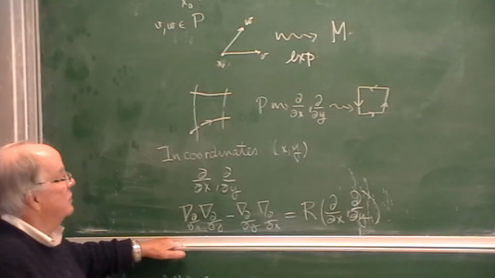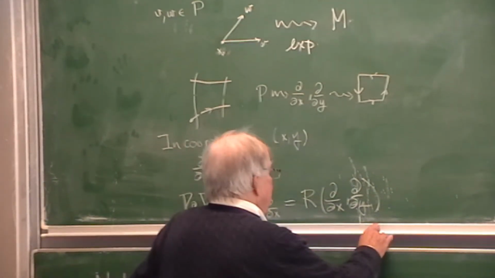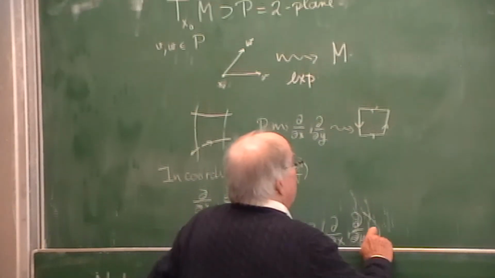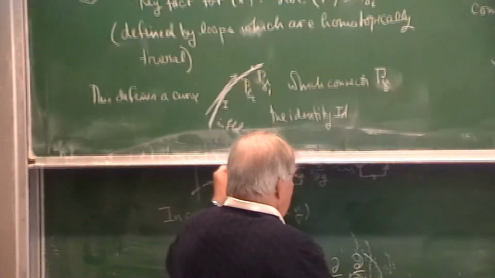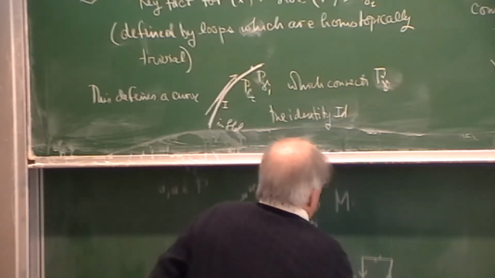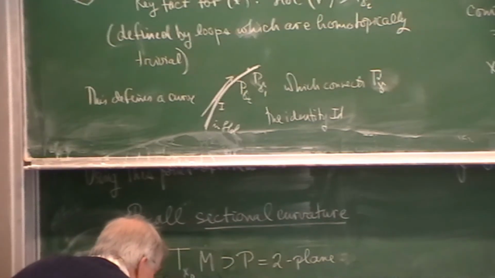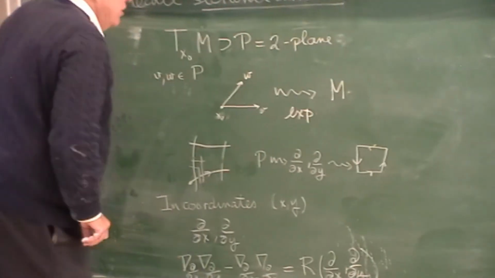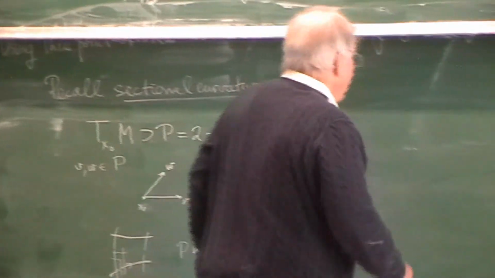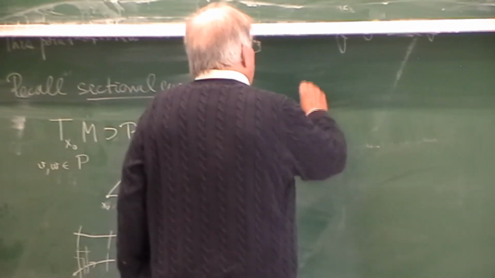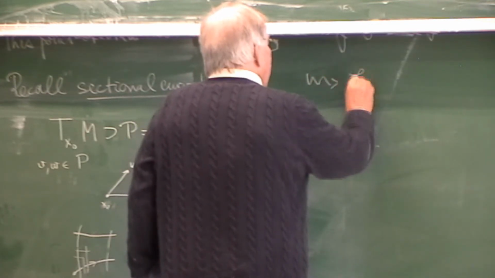Well, this isn't quite an element of the holonomic group. What is well defined here is you make it smaller and smaller and smaller. This gives you a curve in the holonomic group. And this means that you get a tangent vector in the holonomic group.